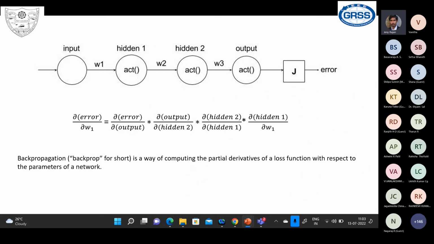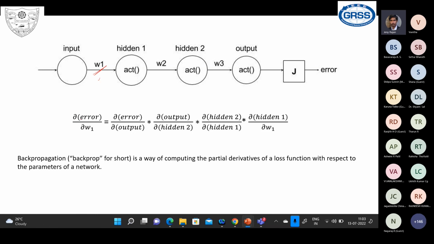When we design a neural network with different layers and multiple neurons, what we are trying to find is what values of the parameters minimize the error. In this case, we want to see what value of W1 minimizes the error.